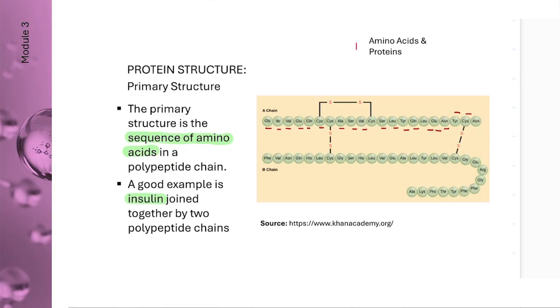So it's just a sequence of two long stretches of amino acids. So we call one the A chain and the other the B chain. But then on each of the chains, you notice that you have two cysteine molecules.